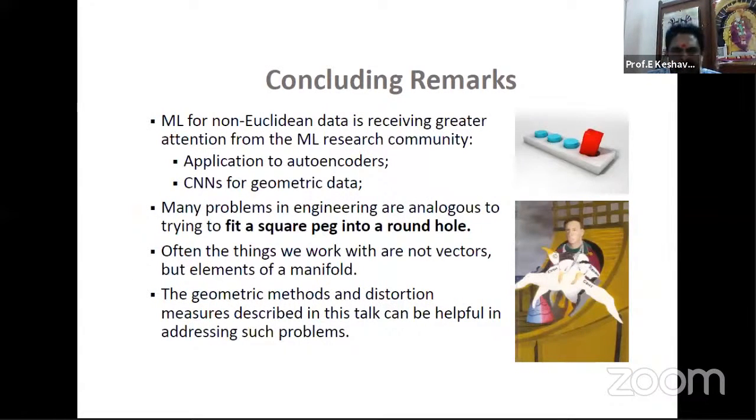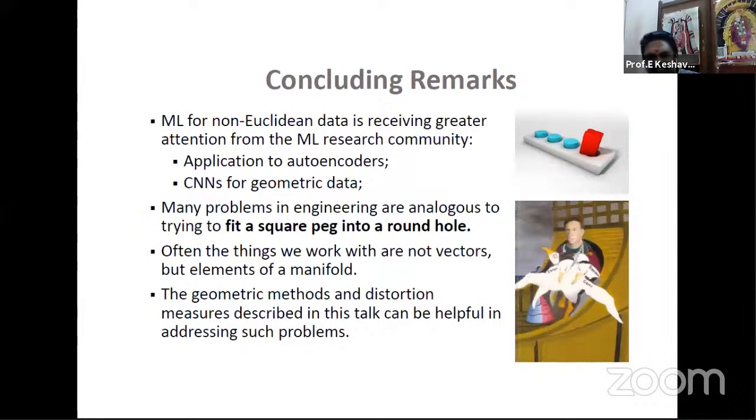So now, the remarks for concluding: machine learning for non-Euclidean data is receiving greater attention from the ML research community, and a number of mathematics people are also involved in that for applications to autoencoders and CNNs for geometric data.